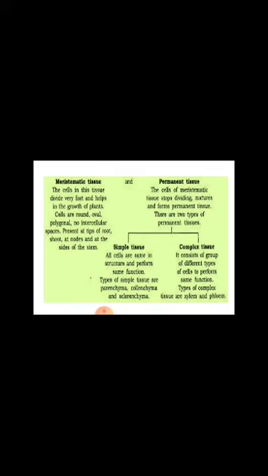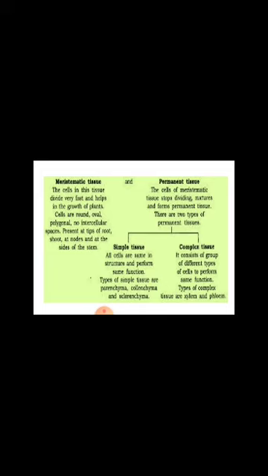When we talk about the meristematic tissues, the cells in these tissues divide very fast and help in the growth of plants. Regarding the structure, the cells are round, oval or polygonal, and intercellular spaces are not present. So, there are no intercellular spaces in between these cells.